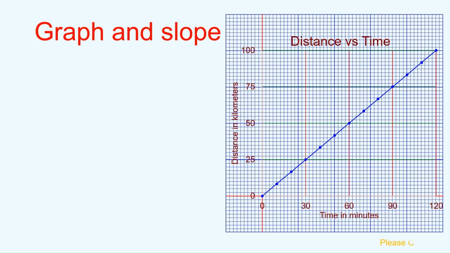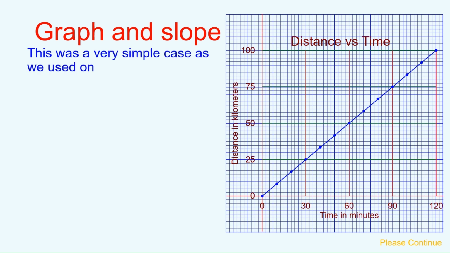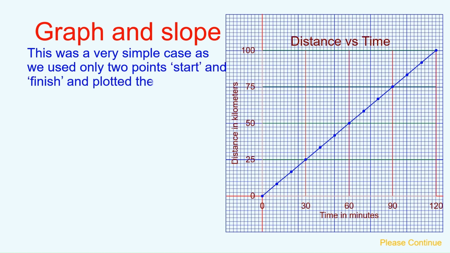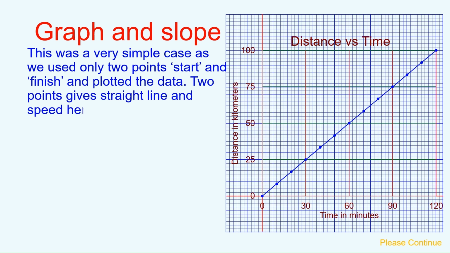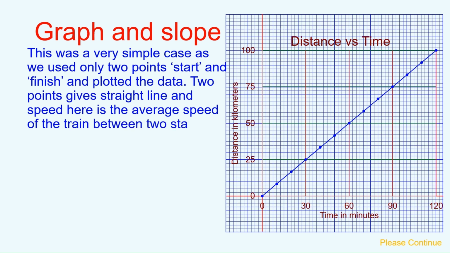Here we have a graph of distance versus time of a train movement. This was a very simple case, as we used only 2 points, start and finish, and plotted the data. 2 points give a straight line, and the speed here is the average speed of the train between 2 stations.